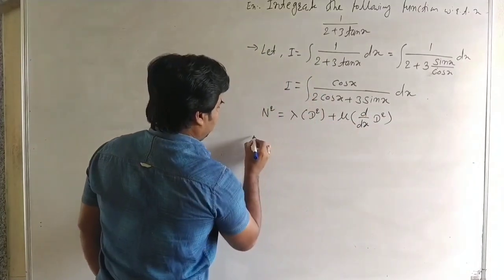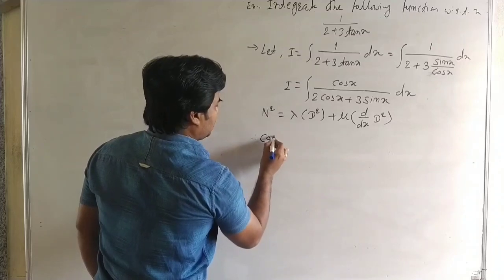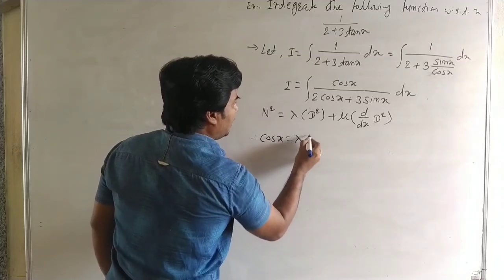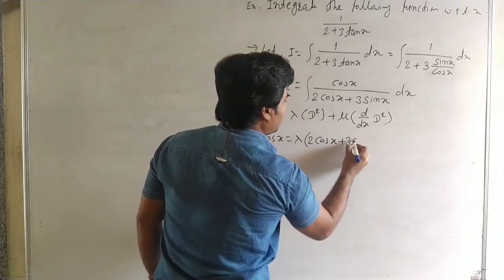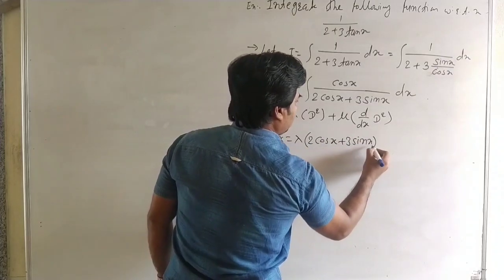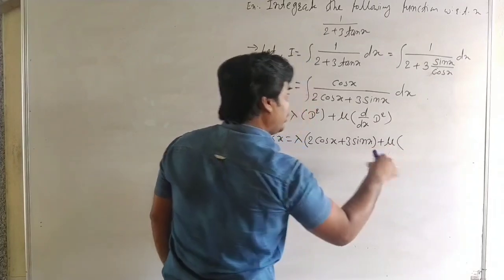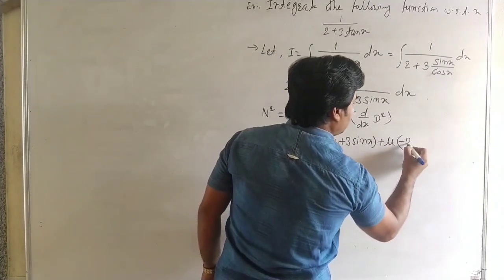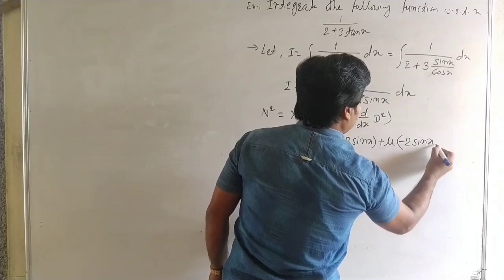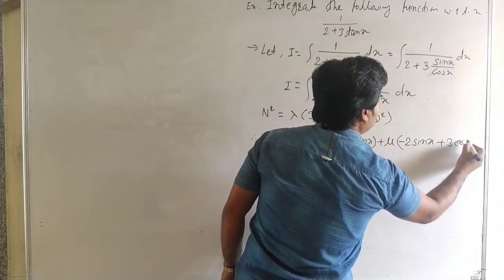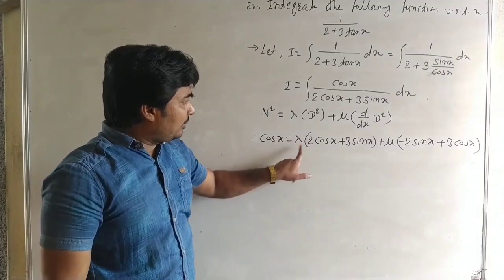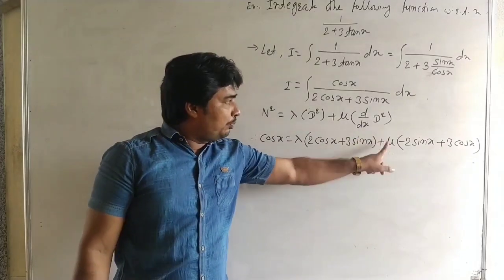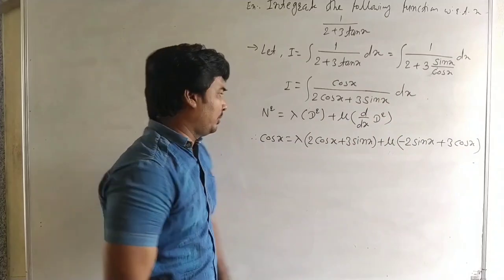Now the numerator is cos x is equal to lambda into the denominator 2 cos x plus 3 sin x plus mu into the derivative of the denominator, it is minus 2 sin x plus 3 cos x. Here numerator is equal to lambda into denominator plus mu into derivative of denominator.